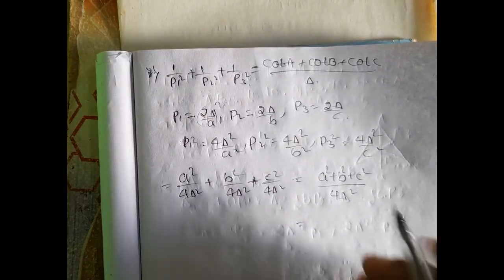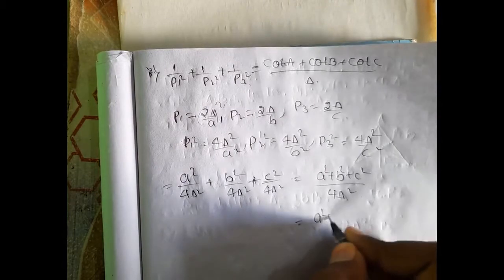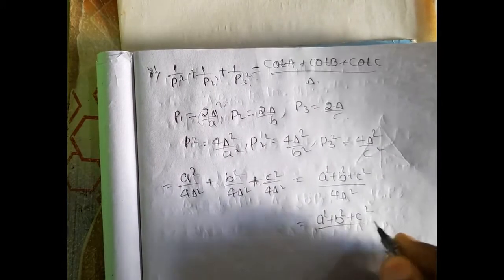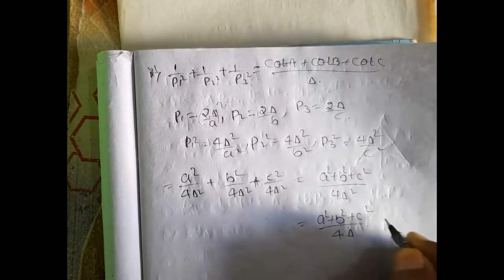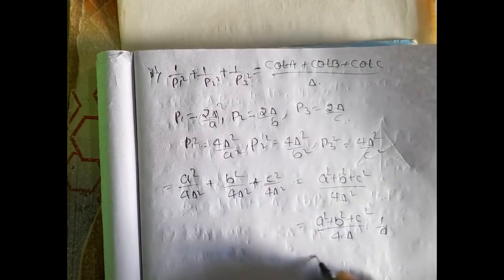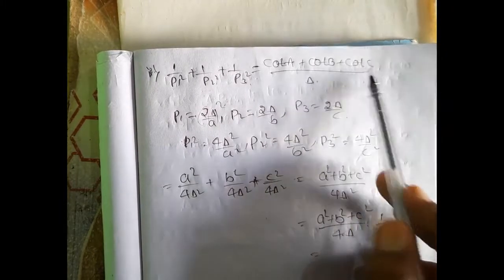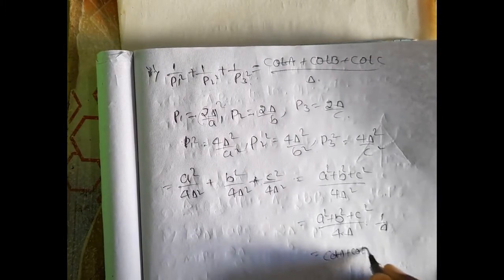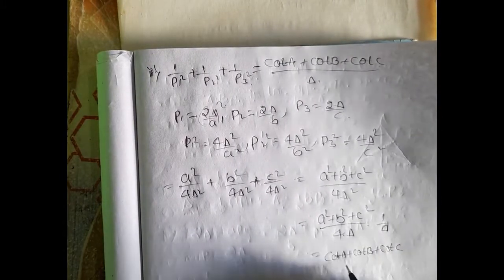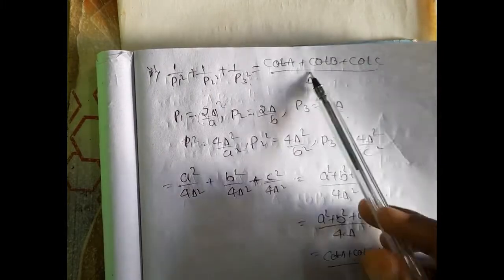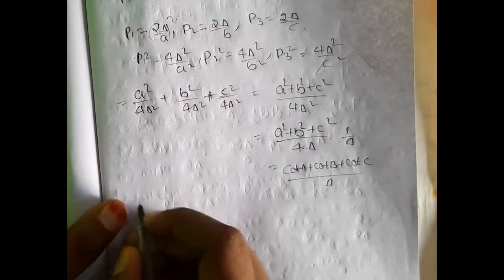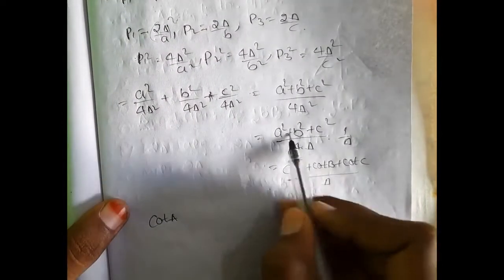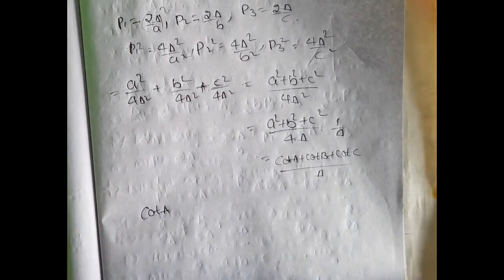Now you can write it directly as cot A plus cot B plus cot C by delta. Actually it is the direct formula of cot A plus cot B plus cot C. Okay, let's prove how cot A plus cot B plus cot C equals A square plus B square plus C square by 4 delta.